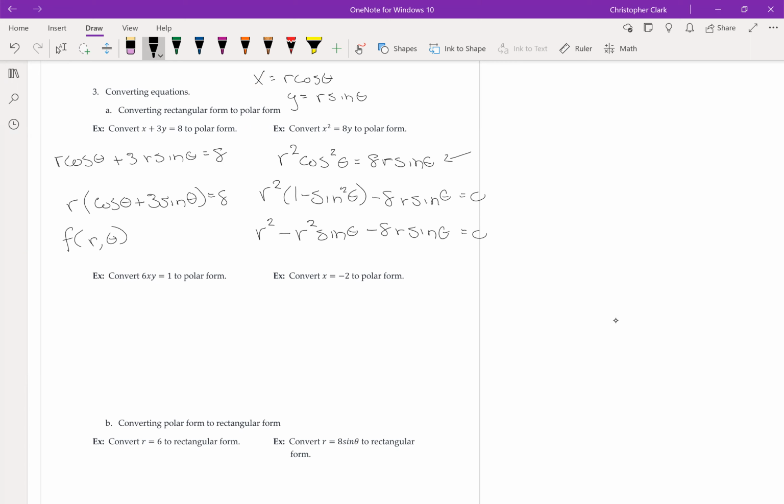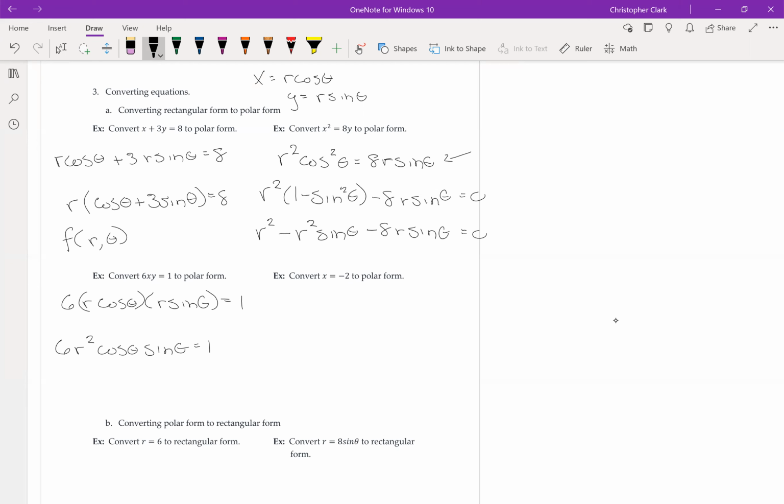All right, how about this one? 6xy equals 1. So for this case, we would have 6 times r cosine theta times r sine theta equals 1. And this is 6r squared cosine theta sine theta equals 1. This is a pretty good equation, but it actually looks like something that we've seen before, and we can simplify this a step further.